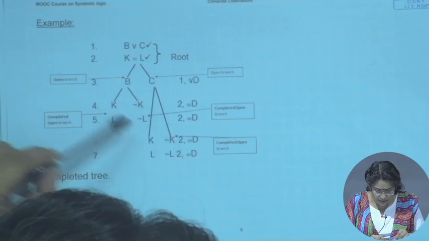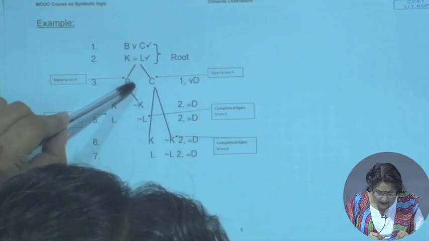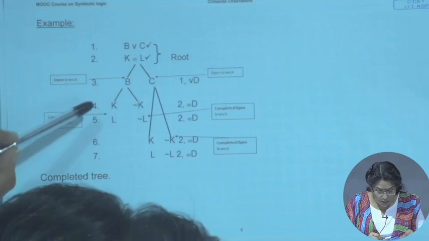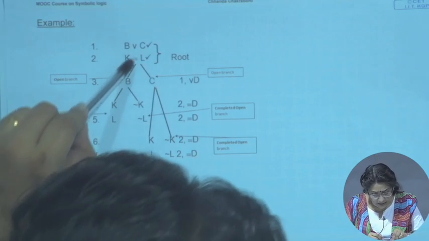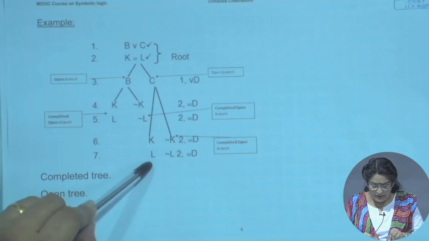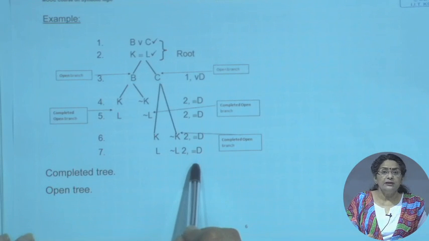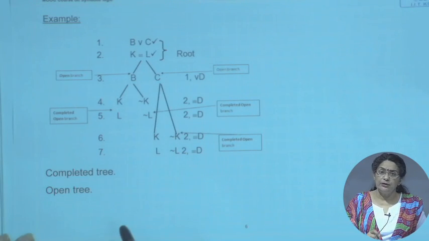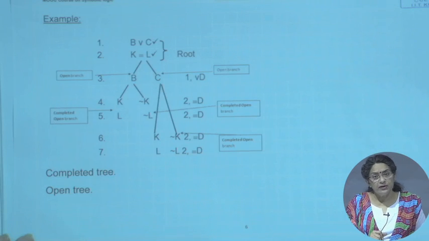So, the results have to be entered under every open branch, fine, but is it completed at this stage? No. When is it completed? At this stage. That is a completed open branch, everything, all decompositions are finished. That is a completed open branch, this is a completed open branch, which makes this a completed tree. There is at least one completed open branch, and that also makes it an open tree.